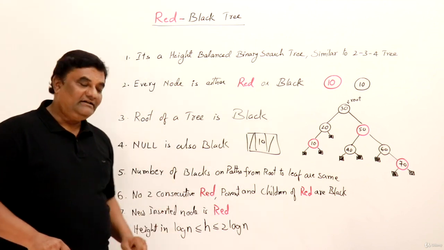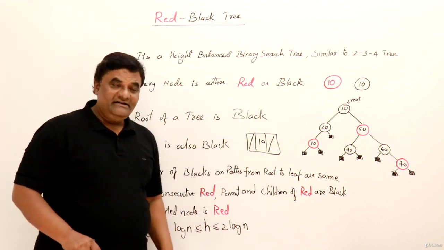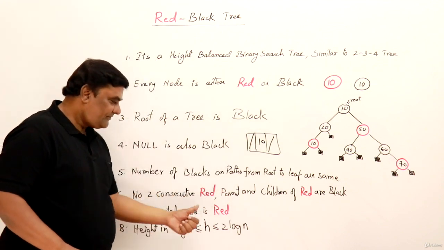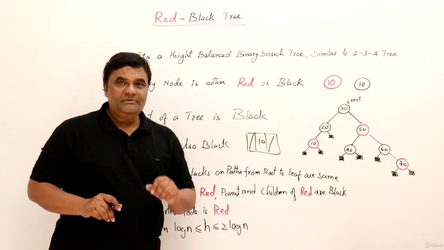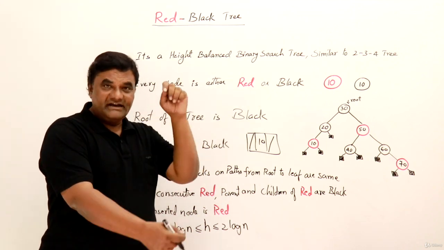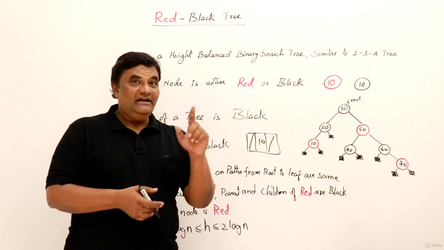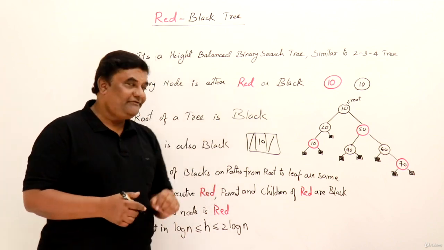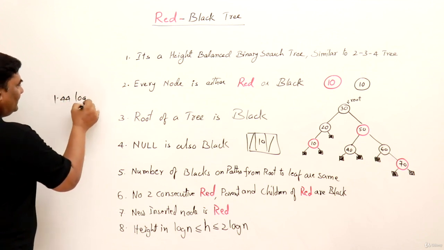Then next and the last thing is the height of a red-black tree is minimum log n, maximum double of log n, that is 2 log n. So if you remember the height of a binary tree, minimum it can be log n, maximum it can be n. But when you are trying to make it height balanced in AVL tree, it is 1.44 into log n.